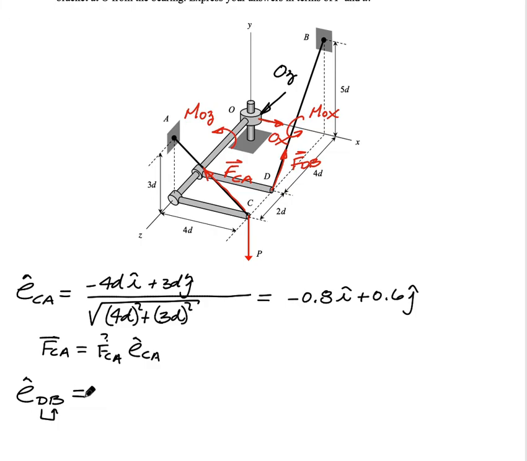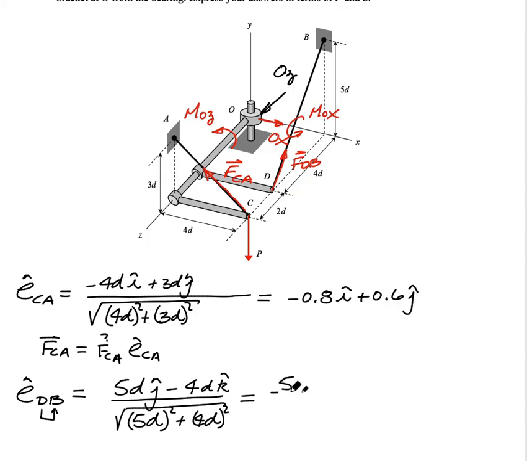So in going from D to B, I'm going to go a distance of 5D in the positive J. I'm going to be going a distance of 4D in the minus K. And so that gets divided by the length, which is square root of 5D squared plus 4D squared. And writing that out becomes 5 divided by the square root of 29 in the J minus 4 divided by the square root of 29 in the K.